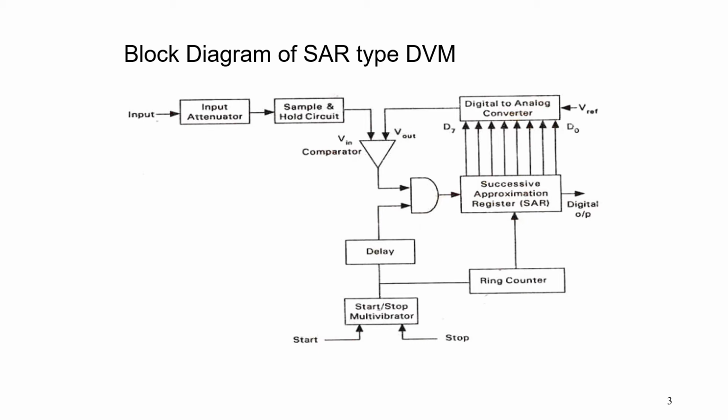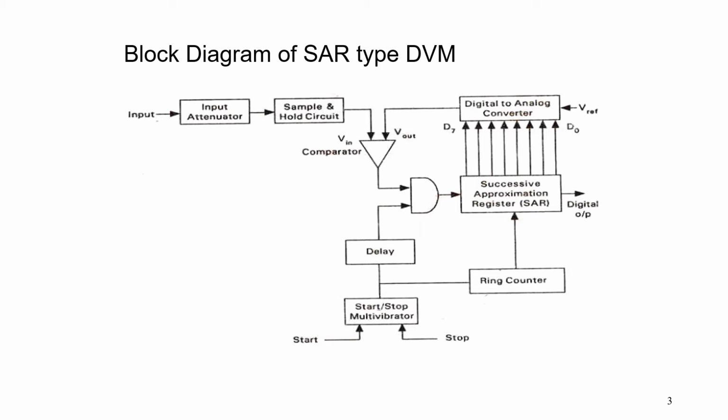The ramp continues until the second comparator circuit senses that the ramp has reached 0 value. The ground comparator sends the stop signal to stop the counter. The output pulse from this comparator closes the gate. The time duration of the gate opening is proportional to the input voltage value.